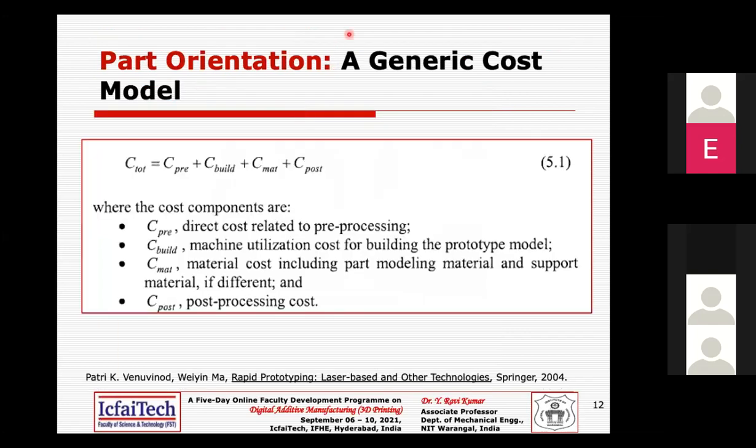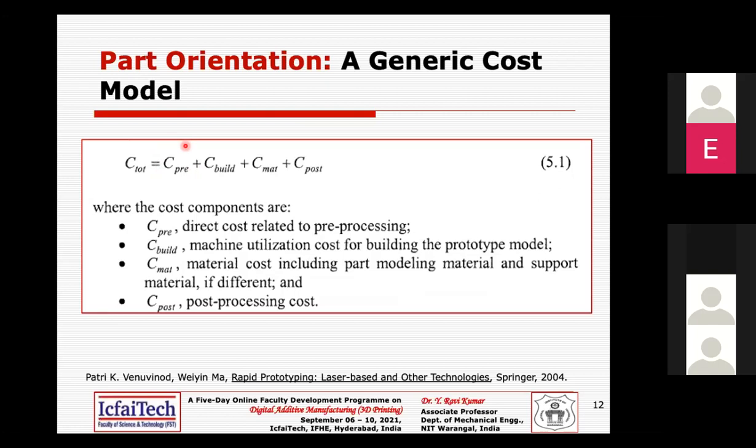And if you are looking for a generalized cost model for part orientation, then the total cost involved may be the pre-processing cost, that is pre-processing in the sense of designing and preparing commands or the build setup. In design for additive manufacturing, sometimes we need to modify the design to some extent.